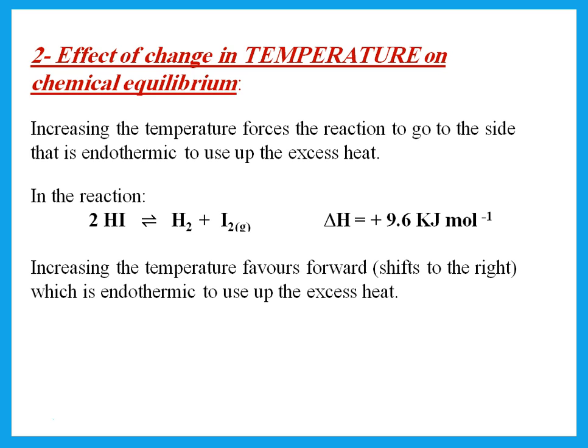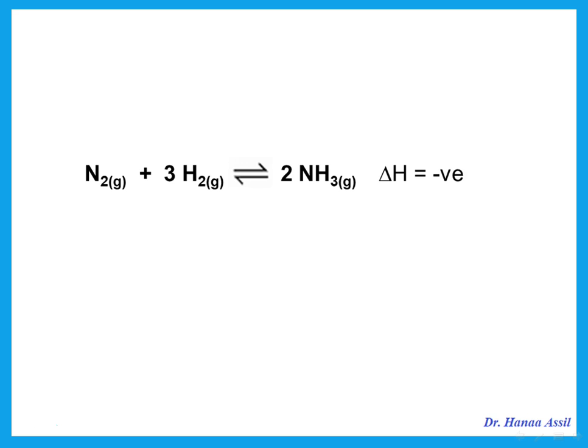So it will try to go forward. So in this reaction, increasing the temperature favors the endothermic side so that we can use up the excess heat. So increasing the temperature in this case will shift the equilibrium to the right or cause the reaction to go forward.